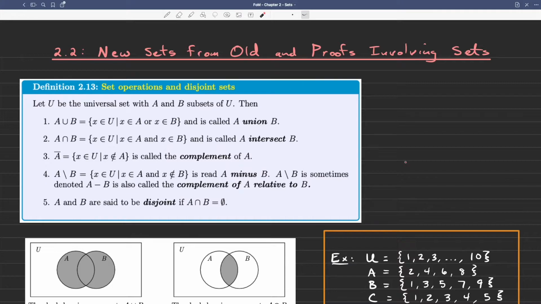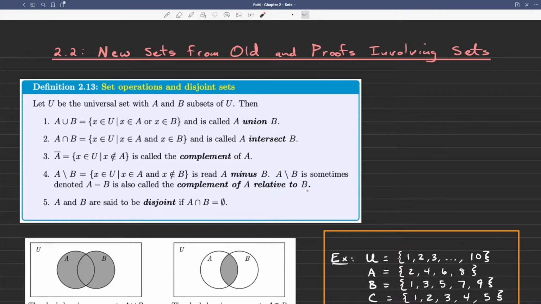But the idea is that we're going to take all the elements of A and then remove any elements that are also in B. So remove from A any elements that are also in B. You can see why it's called A minus B. We're subtracting B out of A. This is also called the complement of A relative to B, although I have to admit, I rarely hear people use that language. Most of the time people just say A minus B or the difference of A and B or something along those lines.